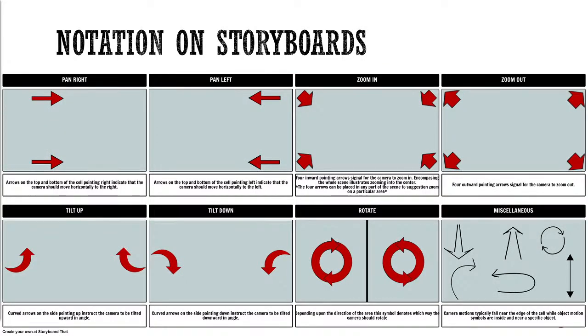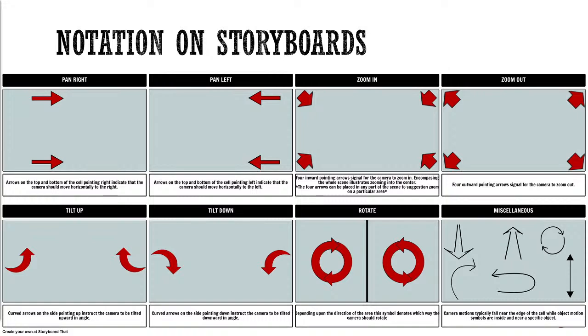So if you're making your storyboards and you want to post on them the camera movements you want, or your animatics, there are notations that are usually accepted. At the same time, people use what they're going to use, but if there is something close to a textbook version, if you're going to pan, which is to shift the camera back and forth, to one side or another, you indicate that with arrows, like you can see in the upper left corner.